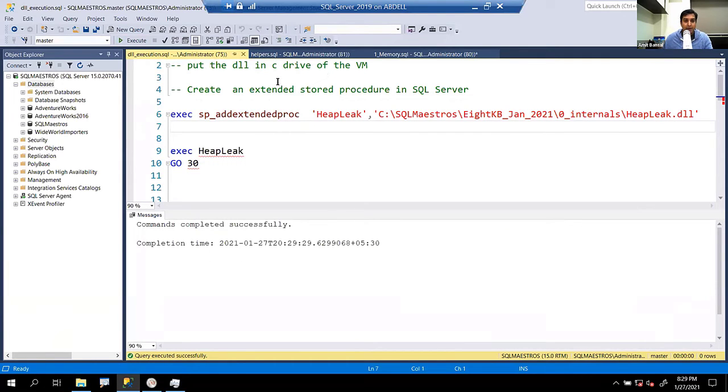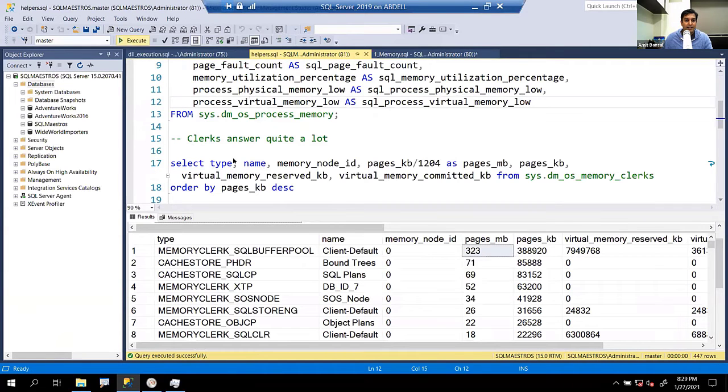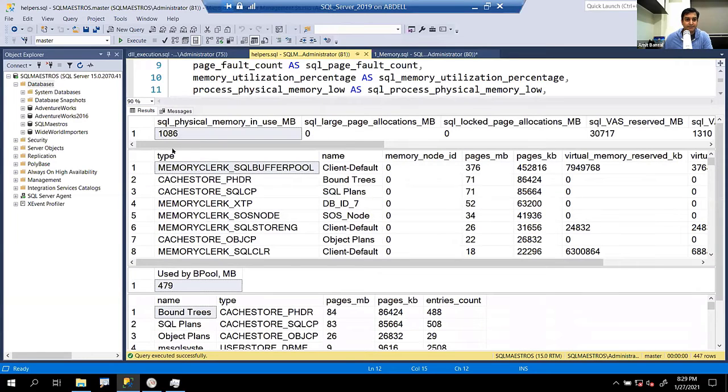Now let's open up the helpers, and we'll execute the helpers and see where we stand with memory. What you can see here is SQL Server memory currently in use is about 1100 MB, and we have the buffer pool 376, 71 for PHDR, and so on. Keep these numbers in mind.